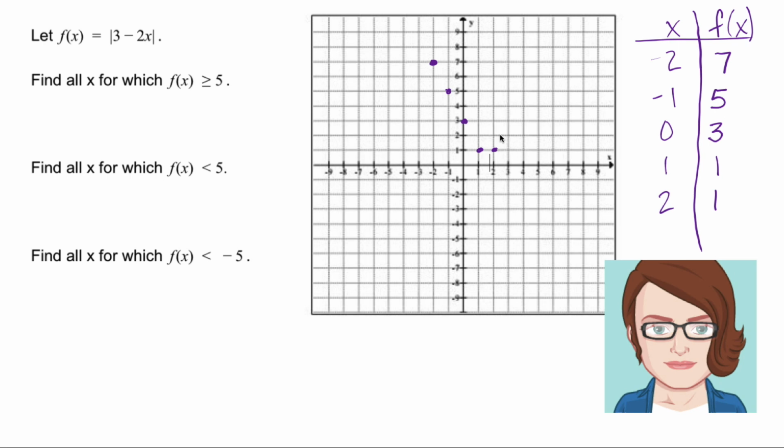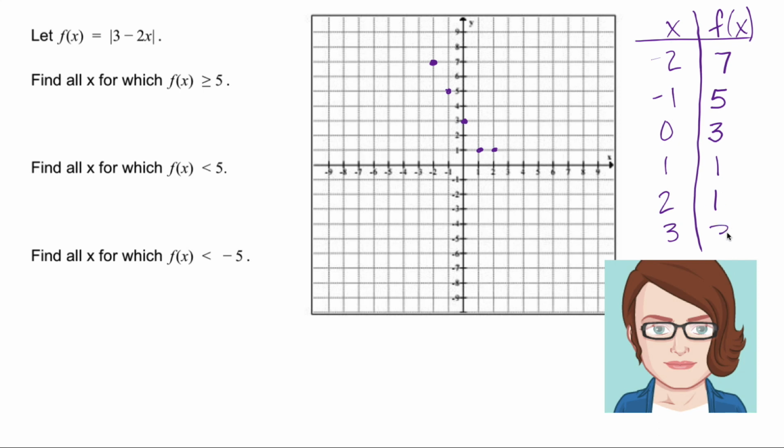Well, we know that this is supposed to look like a V. Absolute value functions that are linear on the inside, meaning the highest power of x is 1, are going to look like a V. So I sort of see maybe there's a V here. Let's see what happens at positive 3. 3 minus 6 is -3.